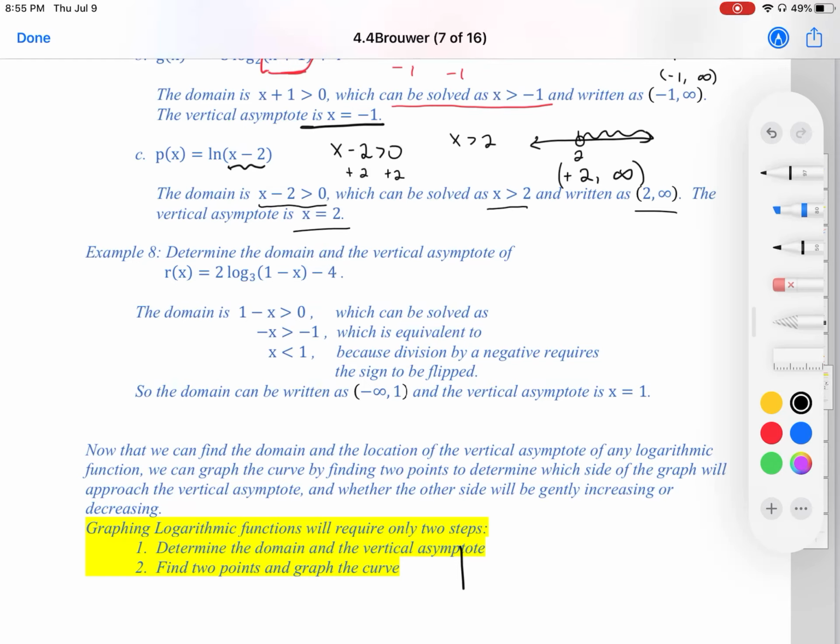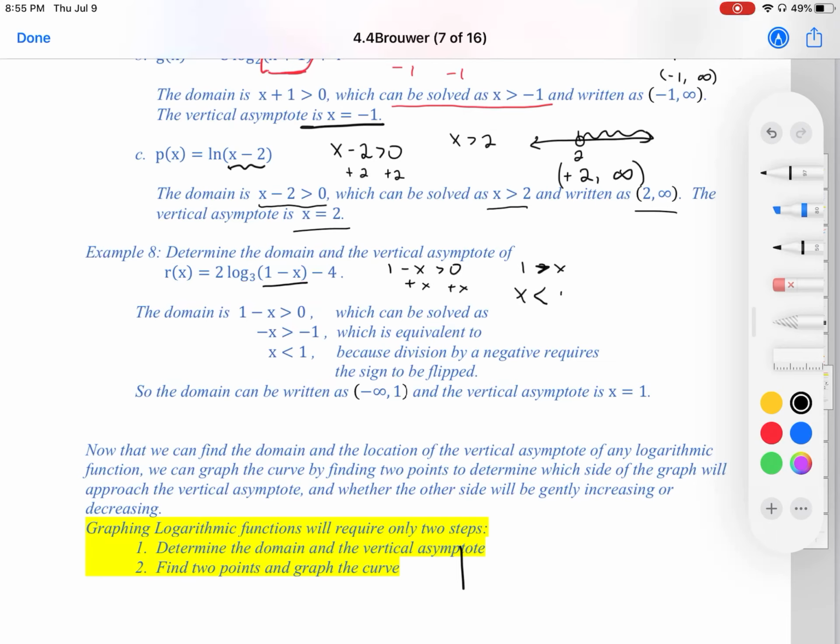Example 8, determine the domain and vertical asymptote of r of x. All right, so let's go ahead and solve for x. 1 minus x is greater than 0. We can add x, so we get that 1 is greater than x. We want x first, and x has the smaller opening.